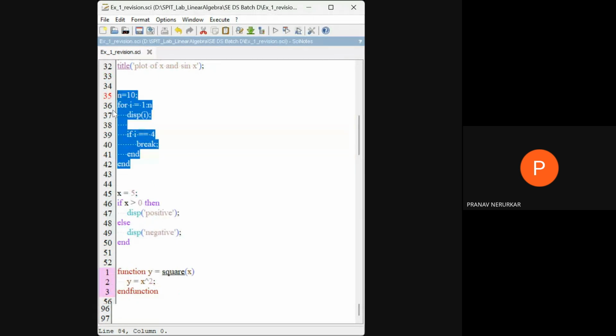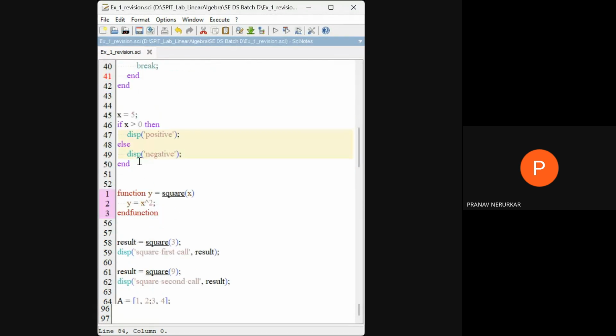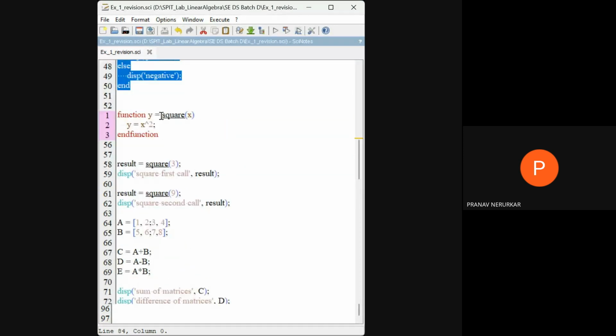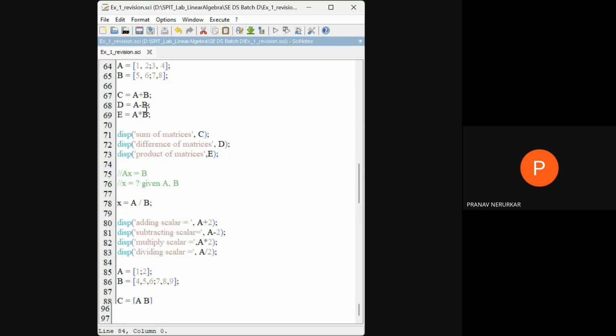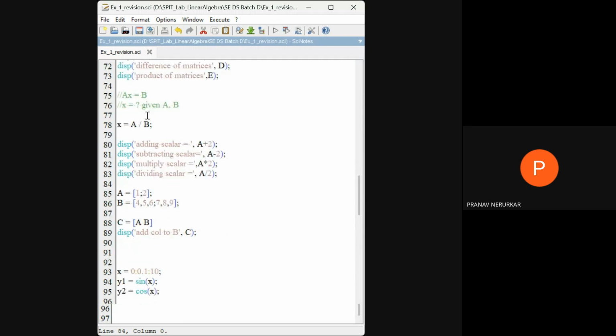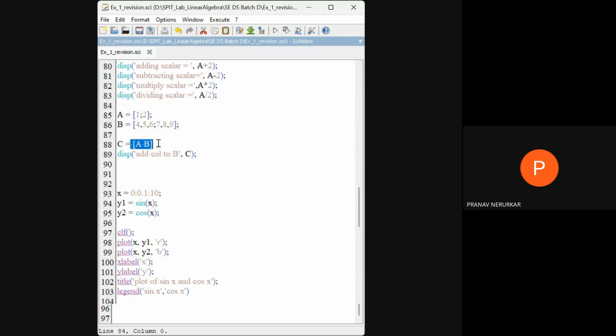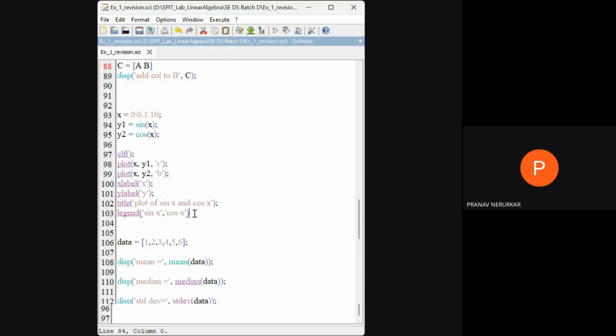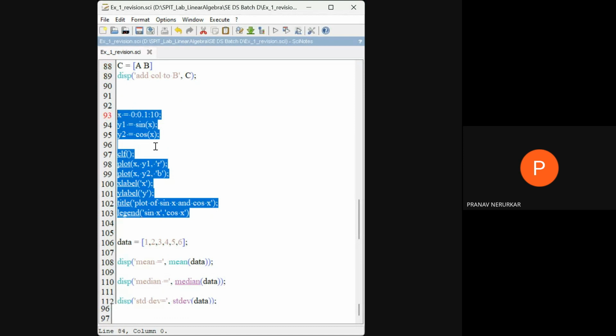Then loops and if else, break. Very important is modules or functions. On matrix, operations like addition, subtraction, multiplication. Solve AX equal to B, you can use this division operation. Adding columns, plotting simultaneously on the same graph.